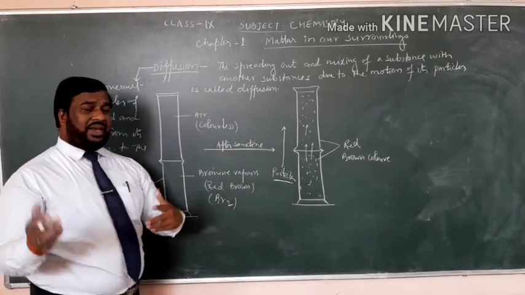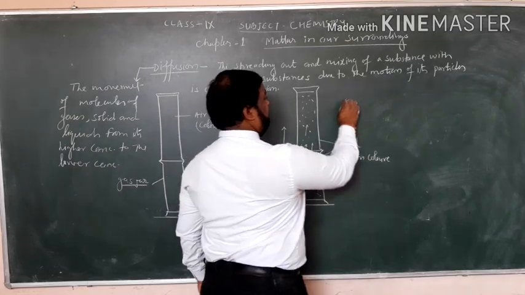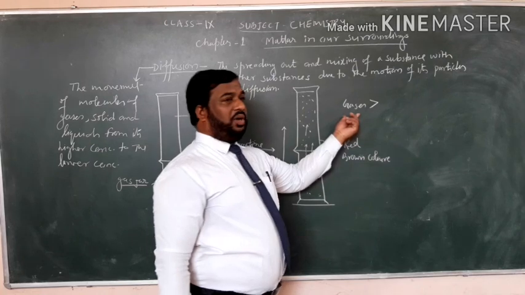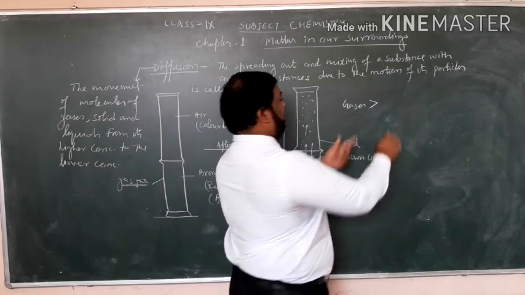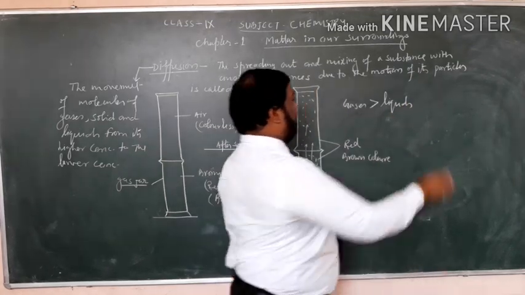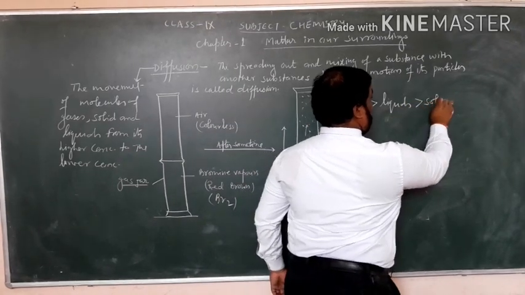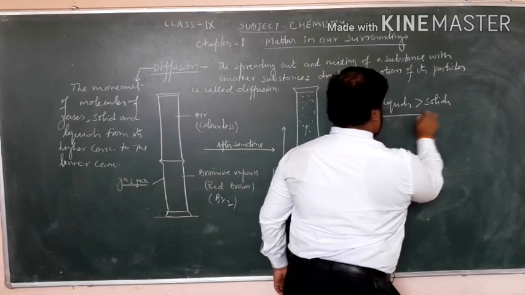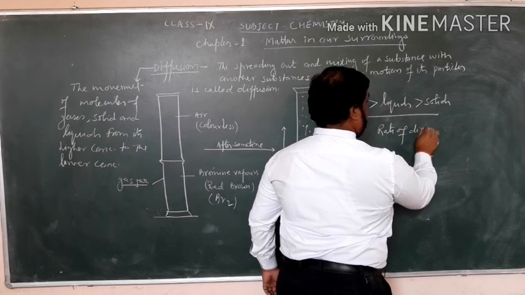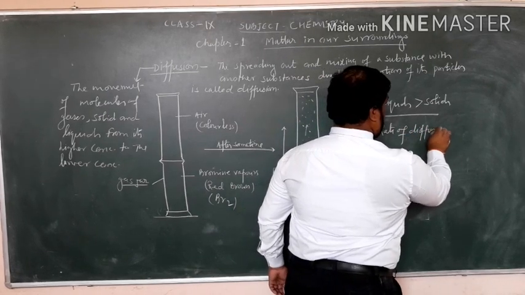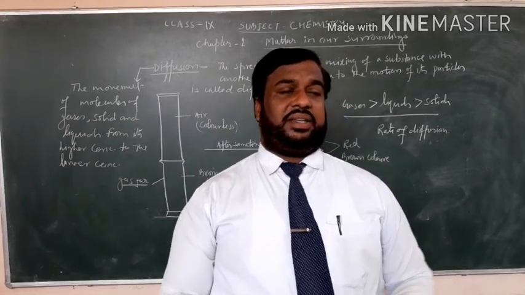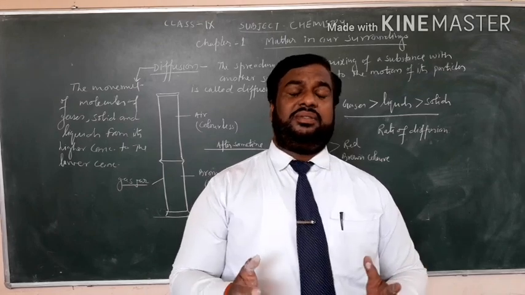Now the second thing: how is diffusion carried out? Gases have more diffusion capacity than liquids, and finally solids. So this is about the rate of diffusion, meaning what factors affect the rate of diffusion.